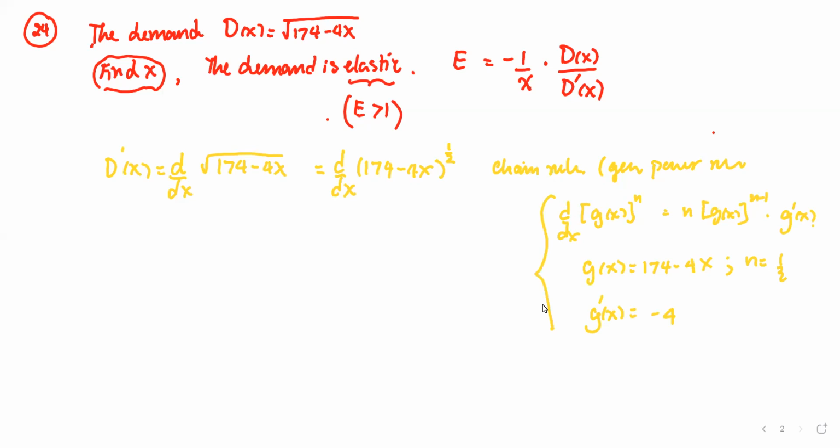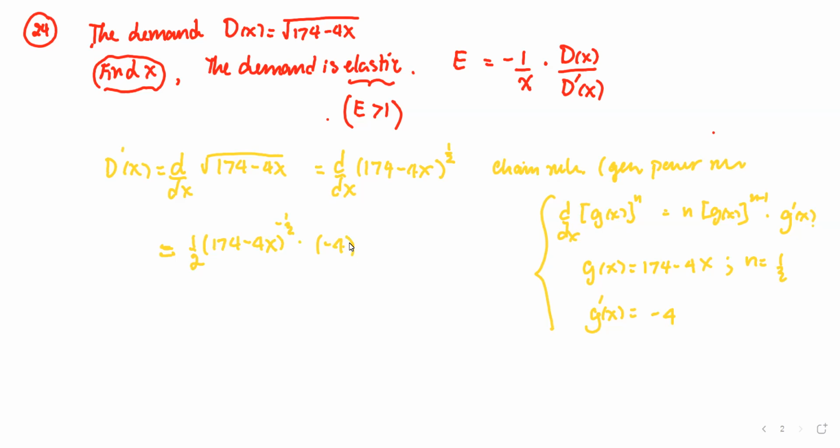So we have all the prep work, and we bring it into the derivative form. The d prime is 1/2 times the quantity to the power -1/2 times the derivative, which is -4.